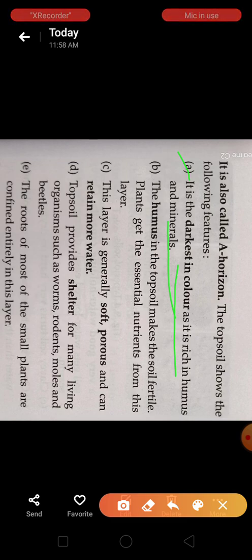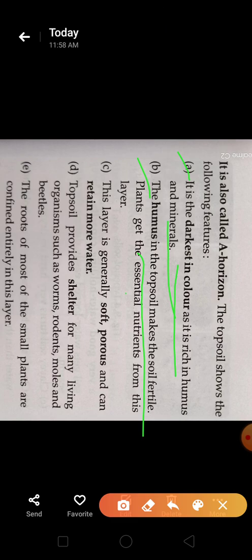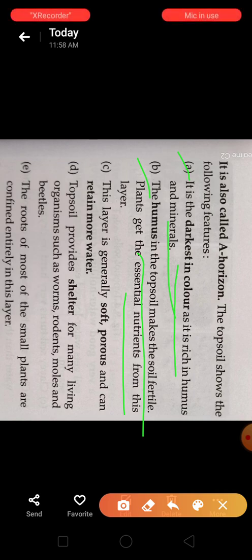So this humus and these minerals found in the A horizon, the topsoil, support the growth of many plants. Second, the humus in the topsoil makes soil fertile and plants get the essential nutrients from this layer.